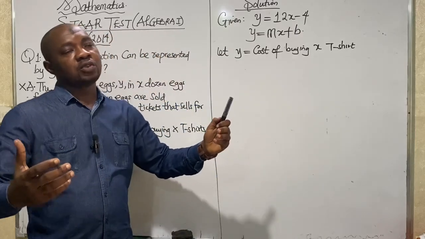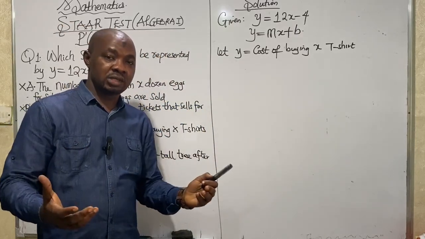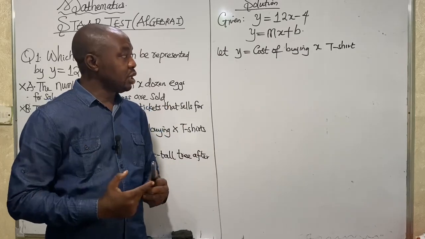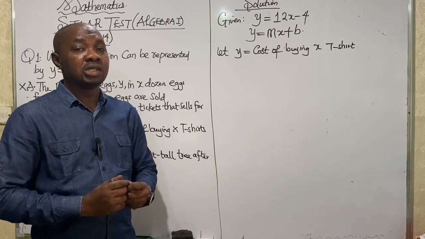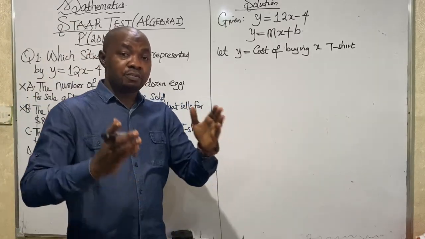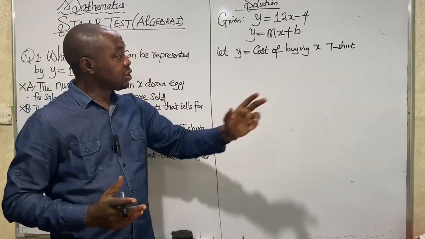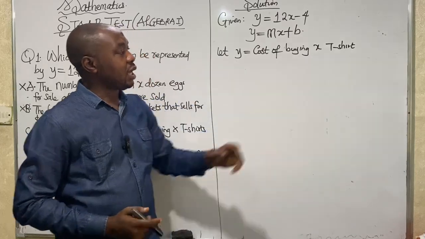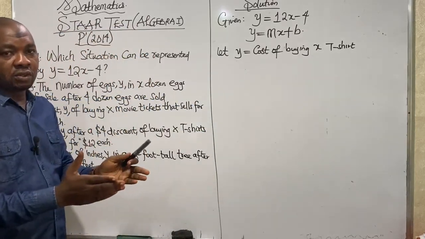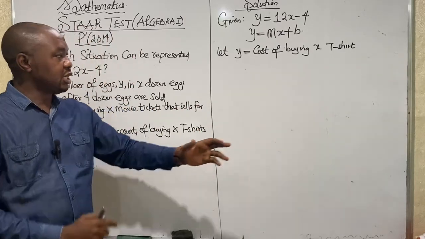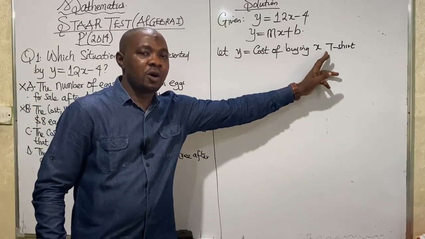So if, for instance, we are buying 12 t-shirts and the cost of each shirt is $12, it will be 12, the cost per t-shirt, multiplied by the number of t-shirts, and that will give us the cost of buying the given number of t-shirts. But in this case, we have x number of t-shirts.